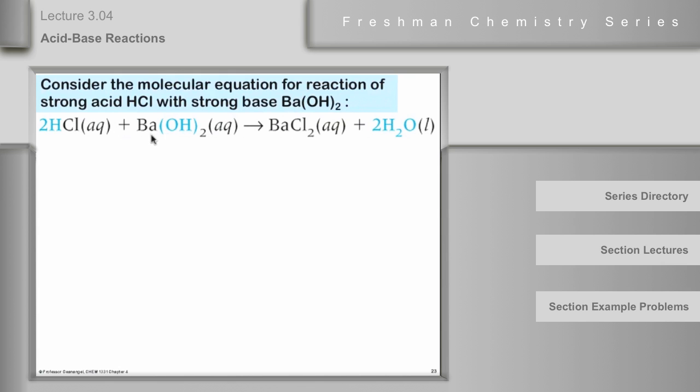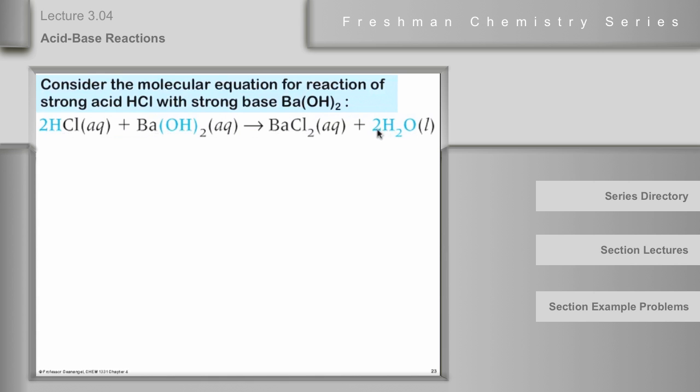When these two solutions are added together, and the amount of each one of them is right, in other words, the ratio of the number of moles of hydrochloric acid compared to the number of moles of barium hydroxide is 2 to 1, then you will get a complete neutralization. Strong acid reacts and neutralizes a strong base, and you will get a salt, barium chloride, plus water.